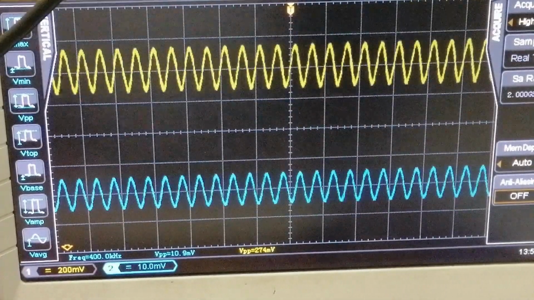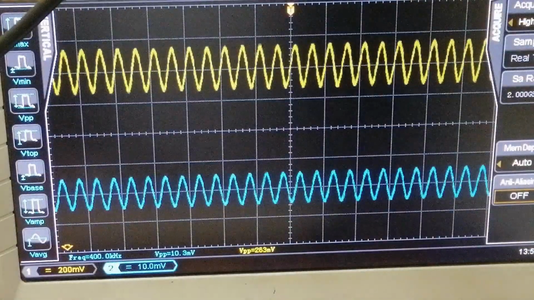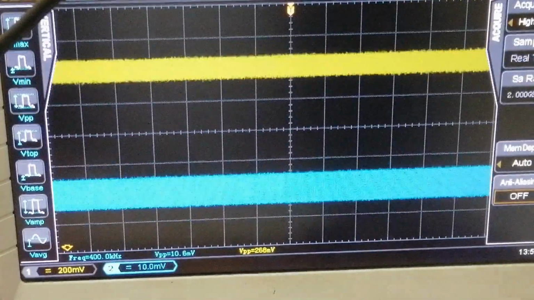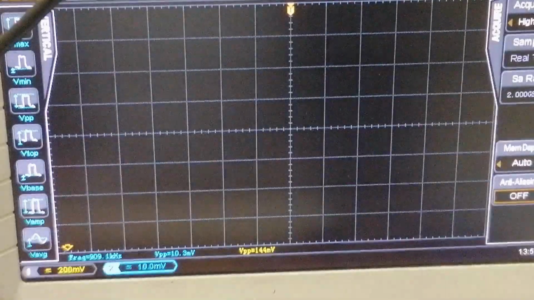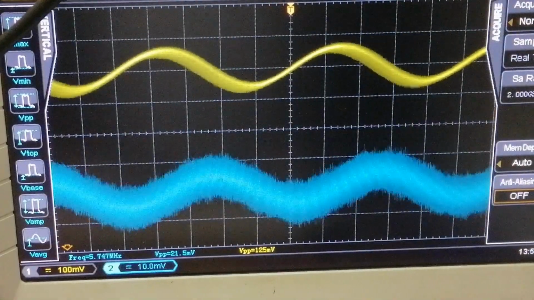Then 1 megahertz and 2 megahertz. We will set our frequency to 1 megahertz. Auto. What happened now to our output? Normal, high resolution.